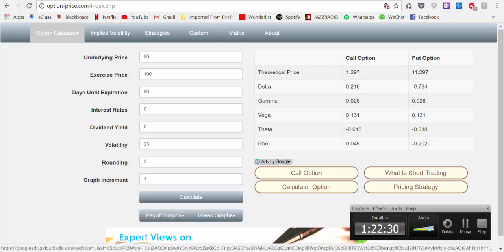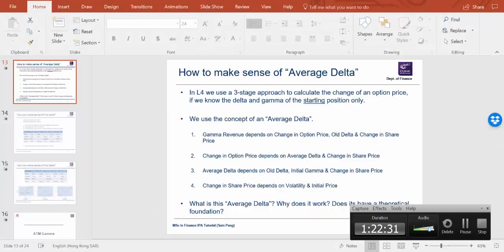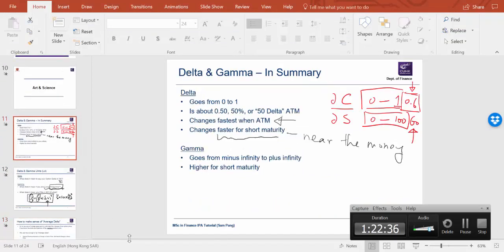Okay, so what we've done today is, we had a look at the characteristics of delta and how it changes from 0 to 1, what it means to have 50 delta, when is the point when it changes faster or fastest, and what happens to delta when the maturity goes shorter.